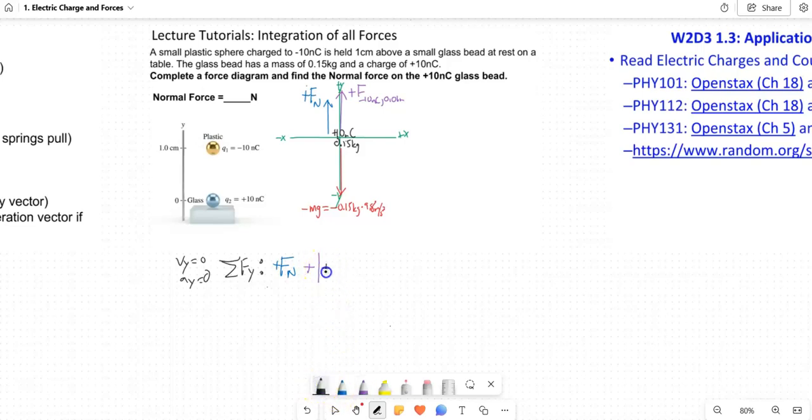That black charge is what we're doing our force diagram on. That's 10 nanocoulombs, and that's being acted on by a negative 10 nanocoulombs. That is a distance 0.01 meters away.